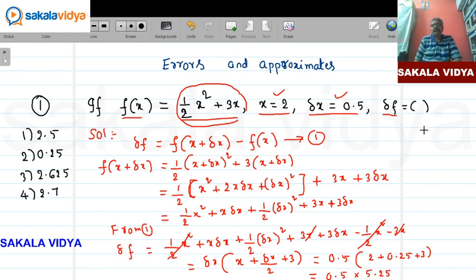So, that means now 525 multiplied with 25, do it. How many points? Actually 3 points, that is 2.625. So, third option is the right option.